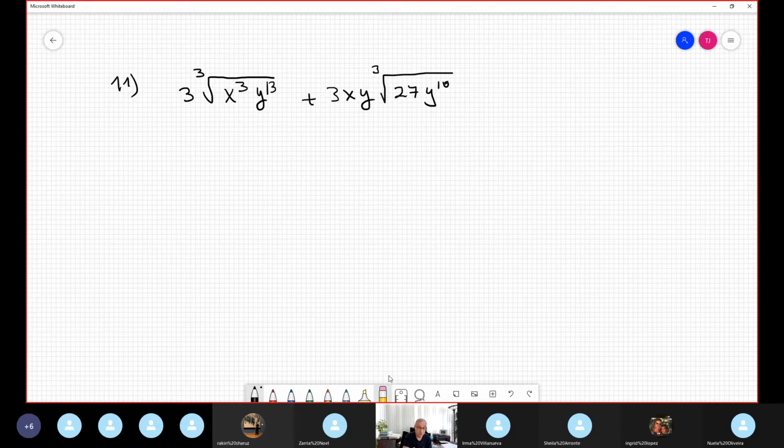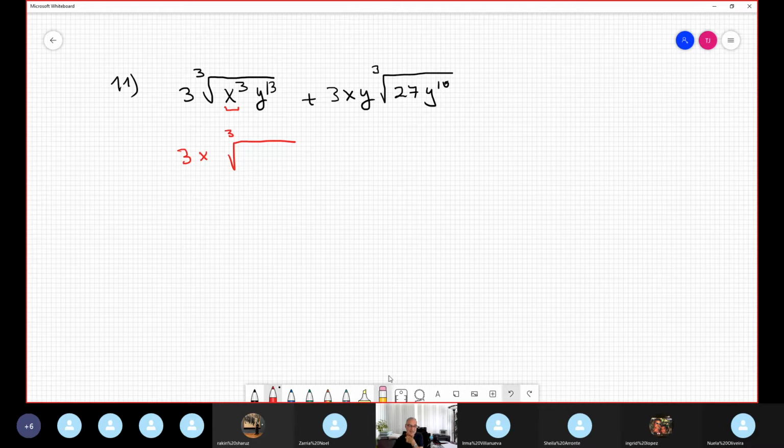So when you simplify, it happens that they are like terms and you combine. Okay. So the 3 stays here. Let me look at the x variable first in the first radical. It has the same exponent as the index. Therefore, this represents 1x outside the cubic root and no more x inside.